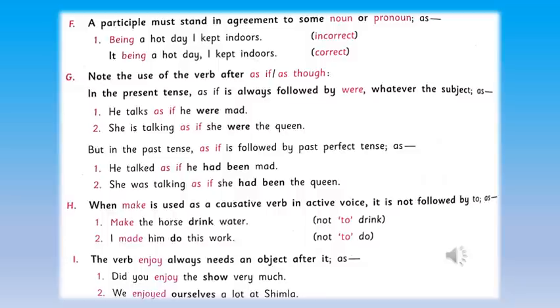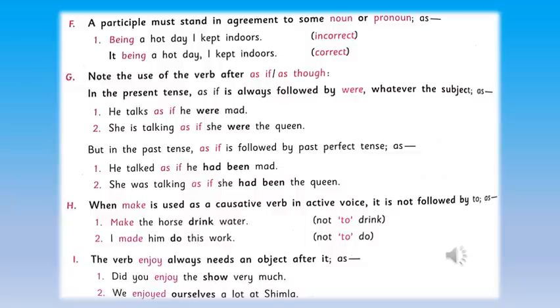"To drink" is not needed. Make the horse drink water is enough. I made him do this work. "I made him to do" is not needed. That is what is said here. I made him do this work, like get the things done. In the same way, after "made" we need not use "to," no need.